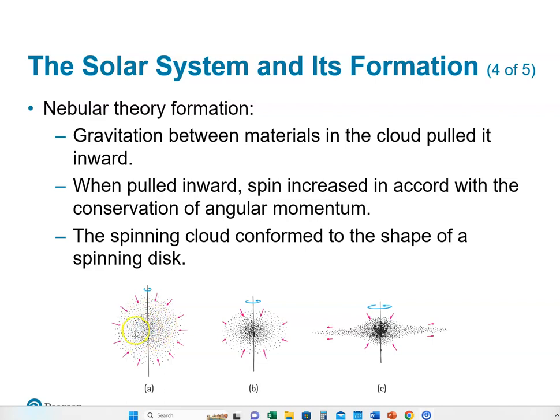As the hydrogen and helium molecules get closer and closer, that causes the temperature to go up, and that pushes the gas molecules away from each other. So there is the inward force of gravity, but gravity is an extremely weak force, and these gas clouds don't often collapse.